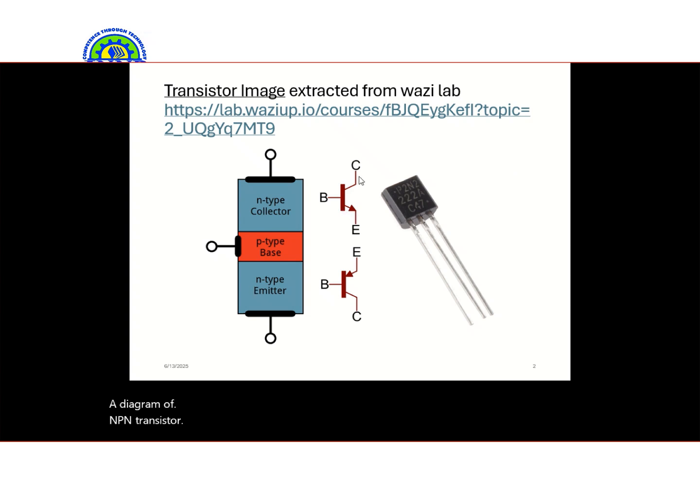We have collector, base, emitter. Note the direction of the arrow. One is towards the base, the other one is towards the emitter.